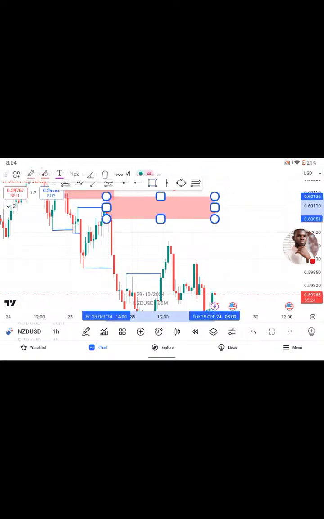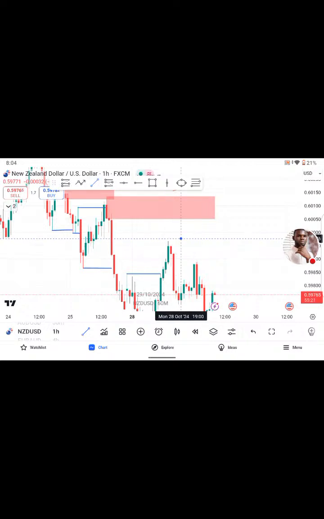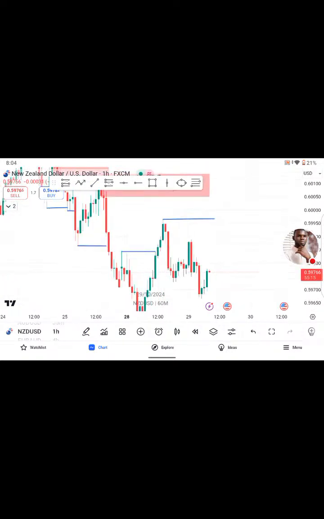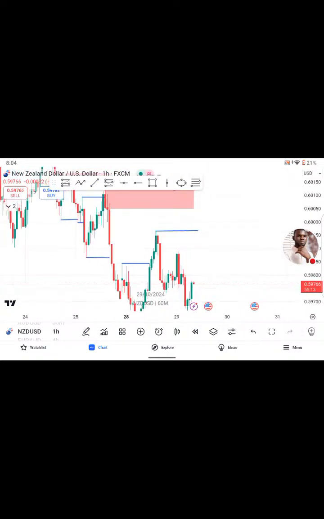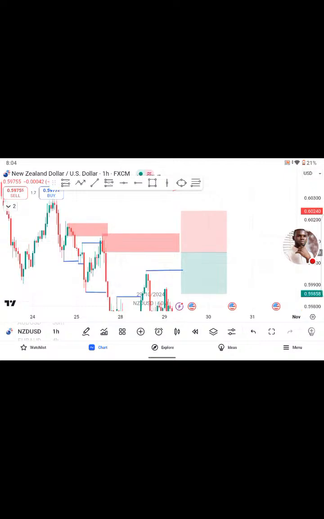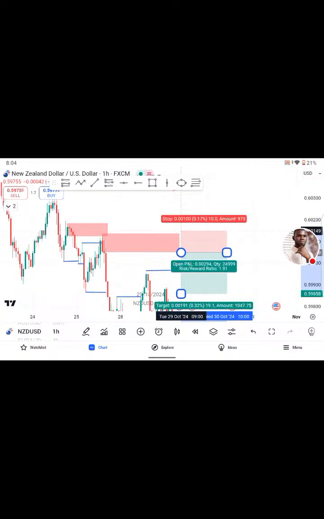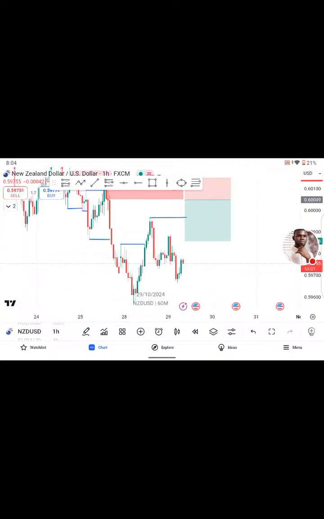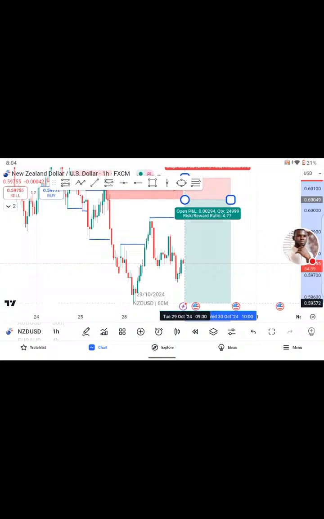So I have this high here serving as an inducement as well, or engineered liquidity. So I'm expecting that price will sell from this area and take out this external liquidity.